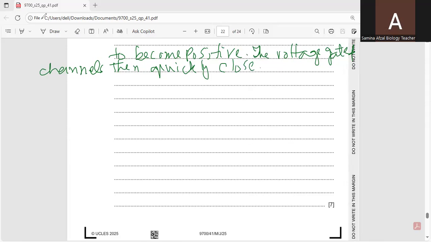Now the third point, which is time point Z. So what happens over there?